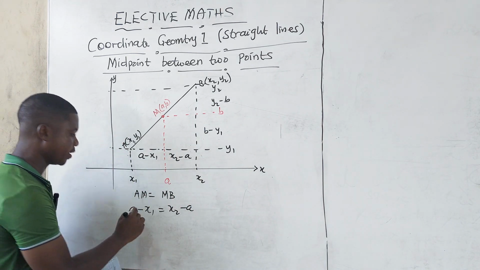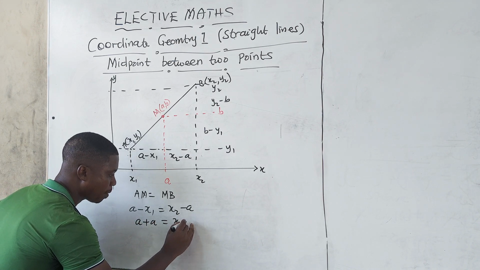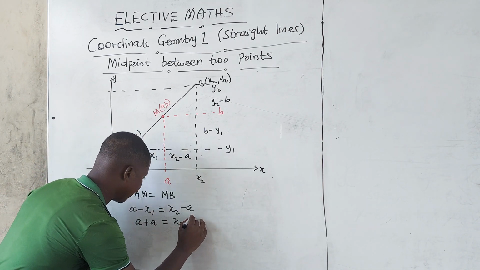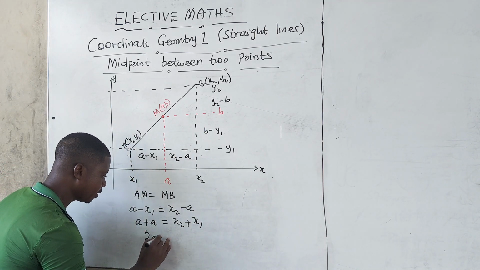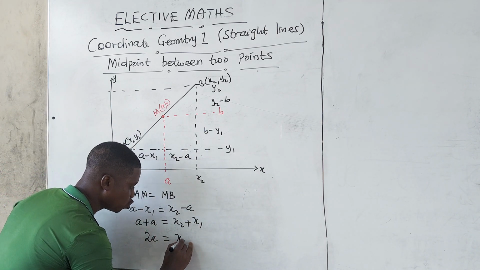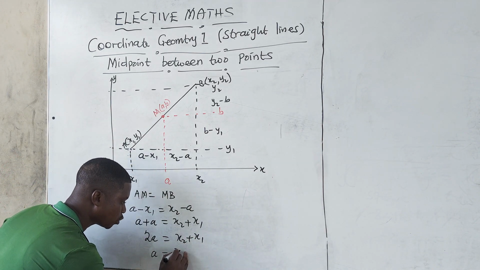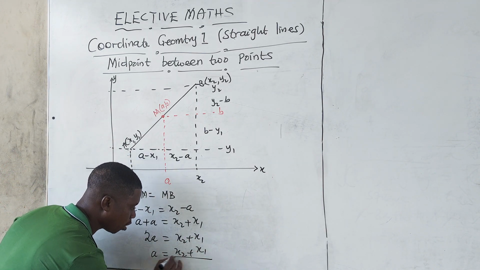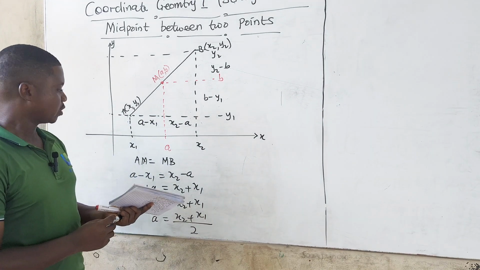A will come here, so A plus A is equal to x2 plus x1. So we have 2A is equal to x2 plus x1. So A is equal to x2 plus x1 all over 2. And that is for the x coordinates.